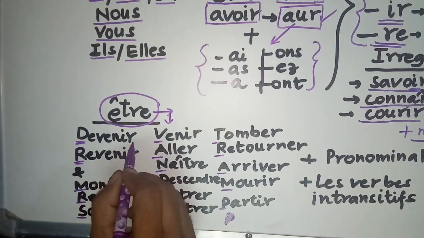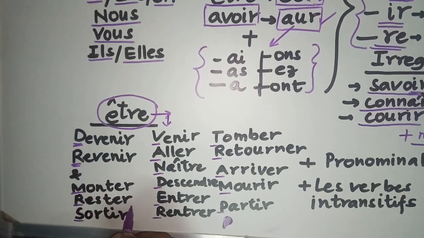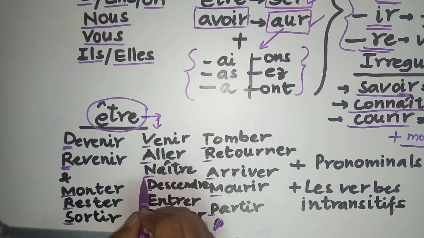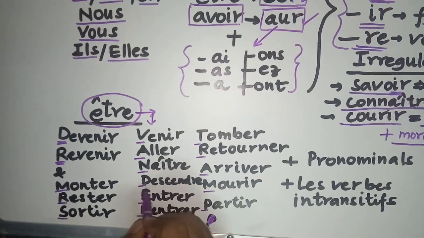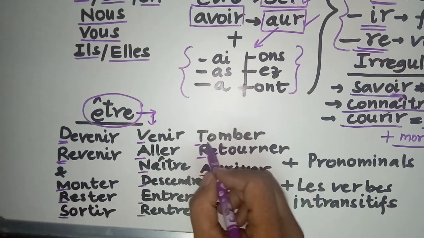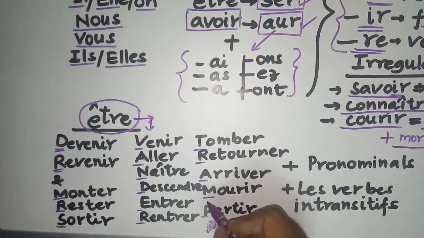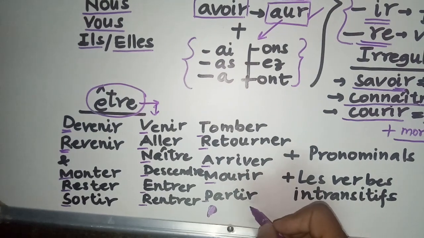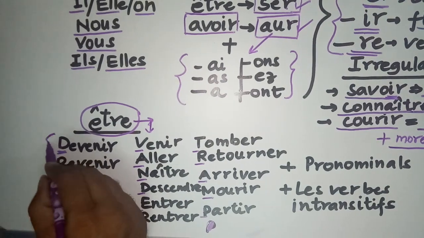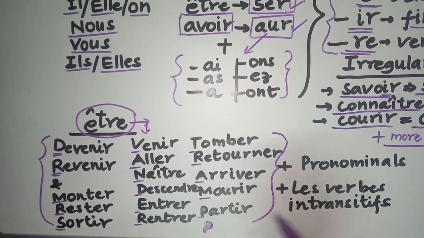D stands for devenir, R for revenir, M for monter, R for rester, S for sortir, V for venir, A for aller, N for naître, D for descendre, E for entrer, R for rentrer, T for tomber, R for tourner, A for arriver, M for mourir, and P for partir. So this is the list of Dr. and Mrs. Vandertramp. The verbs in this list go with être conjugation, right?